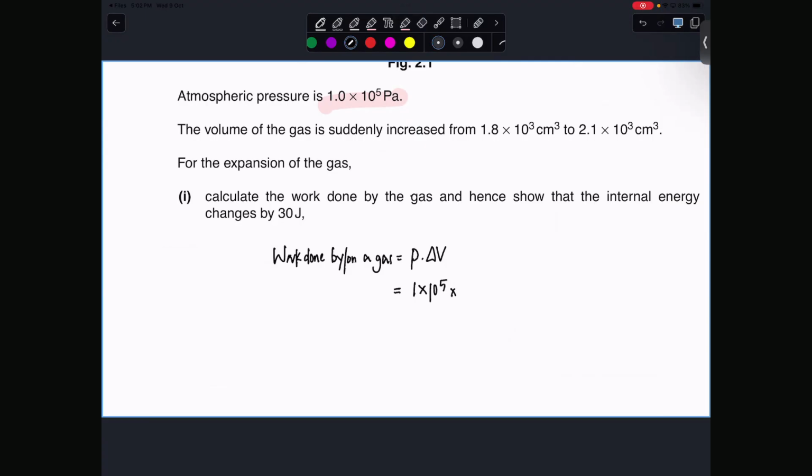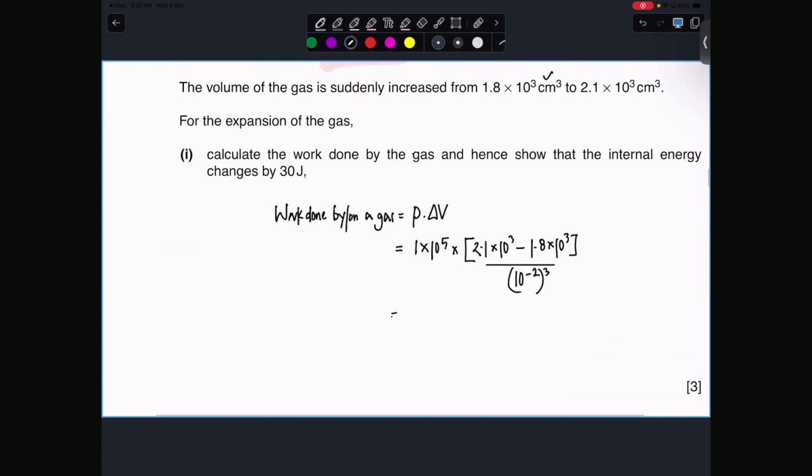The change in volume here is 2.1 into 10 to the power 3 minus 1.8 into 10 to the power 3, divided by, if you want your answer in joules, you have to convert the cm cube to meter cube. So divided by 10 to the power minus 2 cubed. That's how you convert centimeter cube to meter cube. So check করে দেবো কত আসে. 30. Okay, so 30 joules.